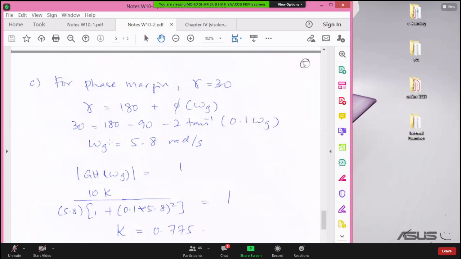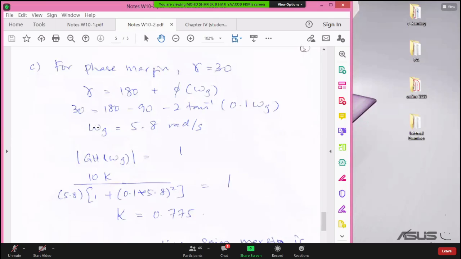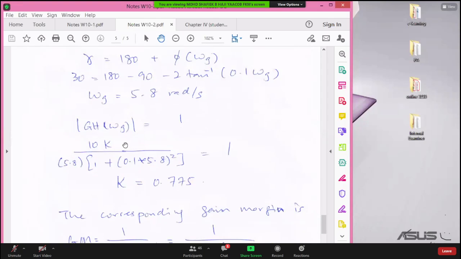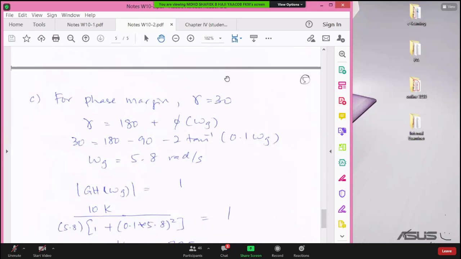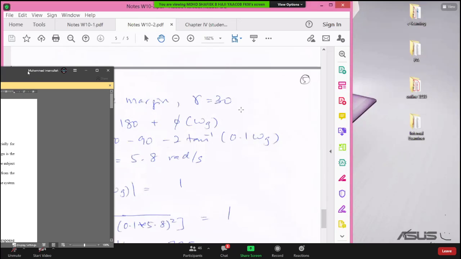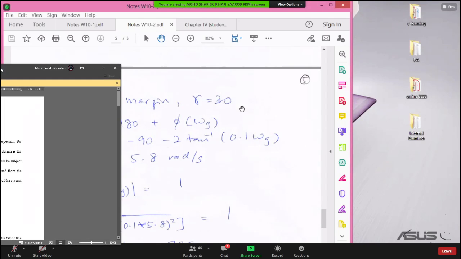So substitute that, knowing the fact that at gain crossover frequency, the value of gain is equal to 1. So substitute this frequency in your magnitude expression. Now you can compute the value of gain k to fulfill this phase margin equal to 30.